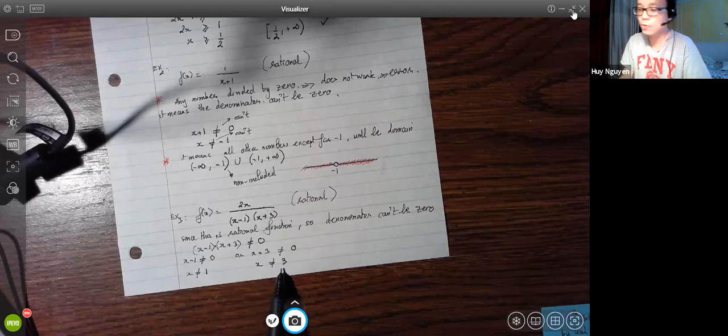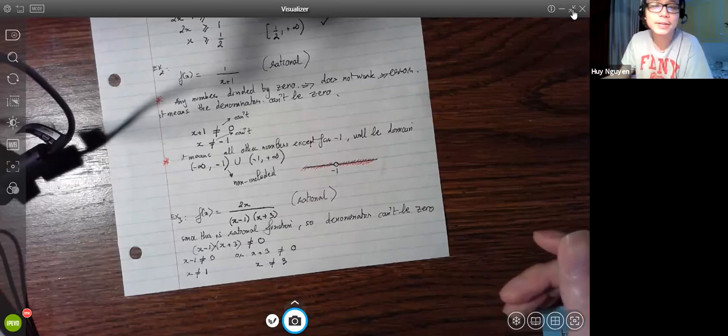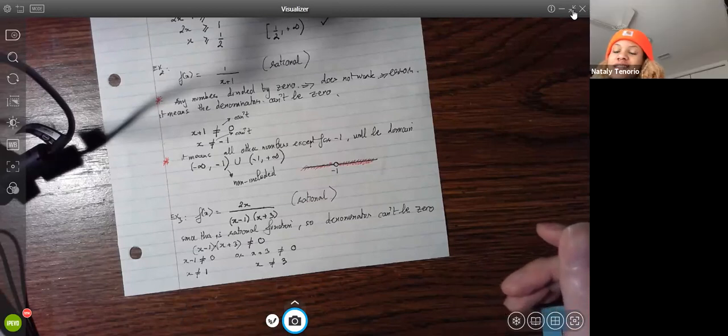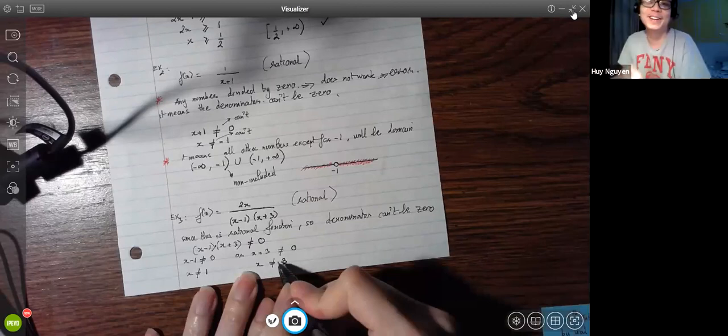It means what? What number will be in the domain? Can anyone give me an example of a number that will be in the domain? Is the 3 supposed to be negative? Oh, both of you are talking at the same time. Is it x plus 3? Thank you.